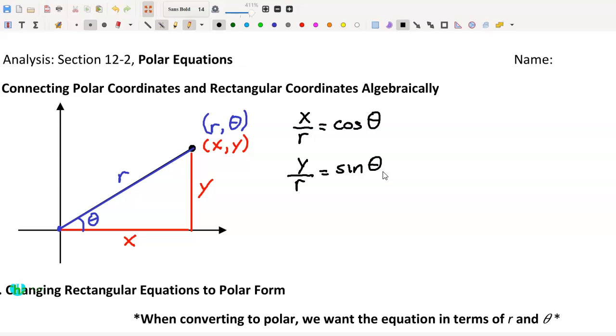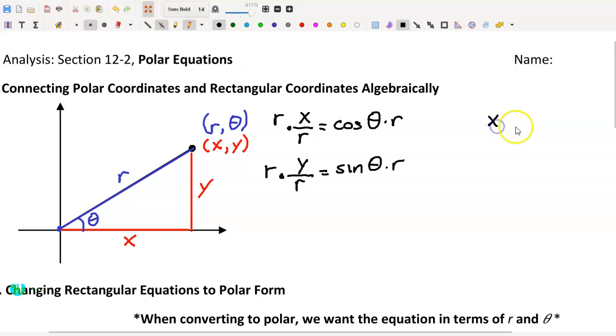So if we want to know what x actually equals and what y actually equals, we can multiply both sides by r for both of these. And then we'll have the final conclusion that x is the same as whatever the radius is times the cosine of whatever theta is, and y is going to be r times the sine of theta.